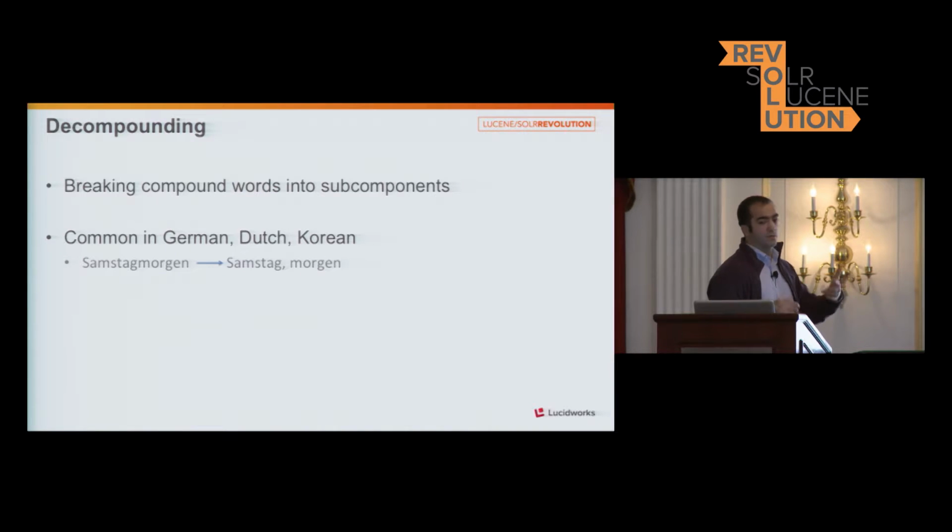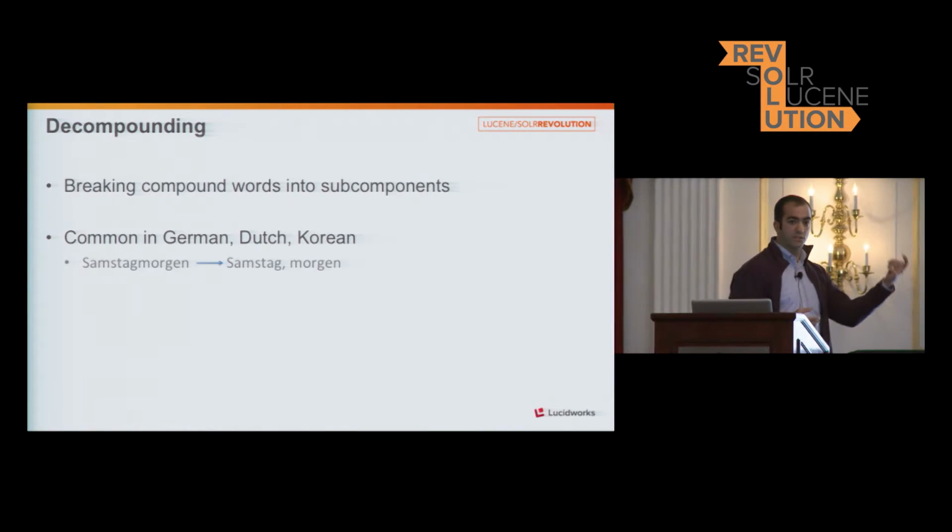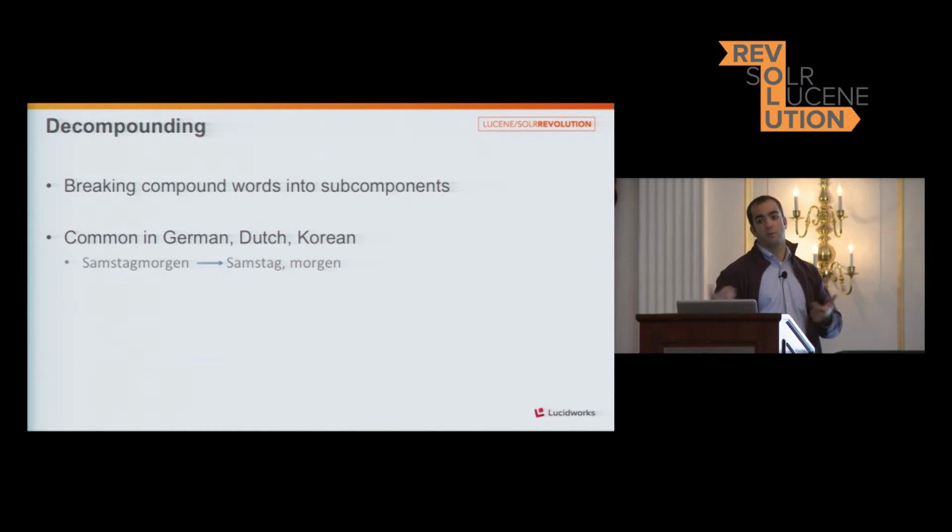In Dutch, German, Korean, other languages like that, people freely just toss words together, which makes it hard when it comes to search because, for the same reason that you want to break words on white space, you want to break words into their compound components so that searches of your subcomponents can match documents that contain words in the compound form and vice versa.